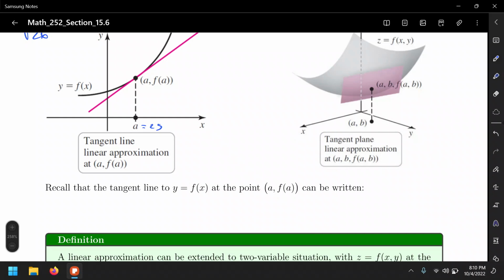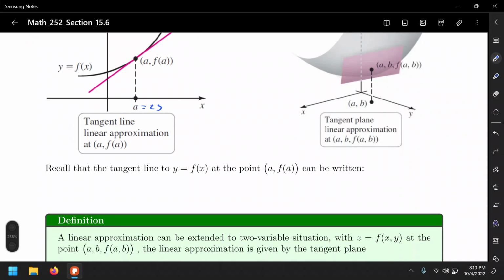Well, so let's recall how we got that linear approximation. So pretty much every function f of x can be approximated by some L of x, some linear function, and that's equal to f prime evaluated at a, times x minus a, plus f of a. In Calc 2, we wrote this in the reverse order.